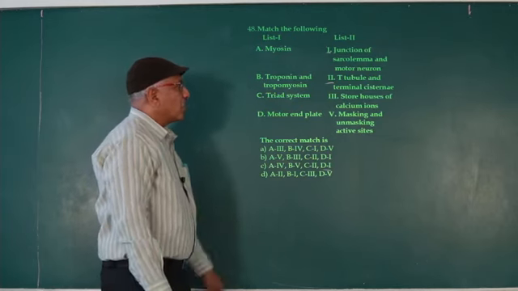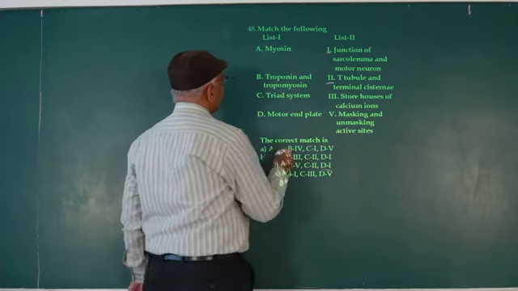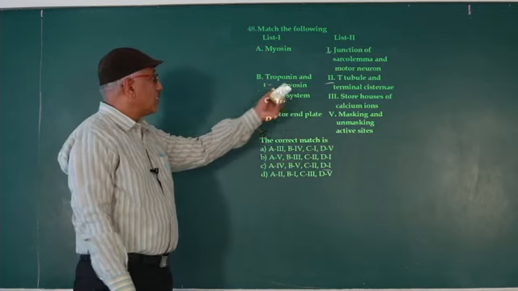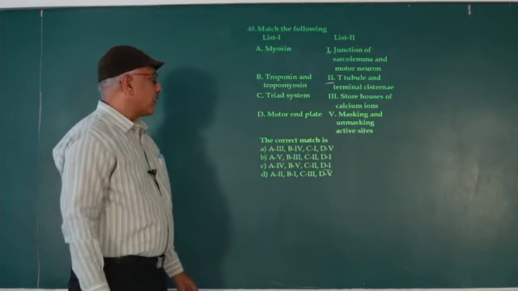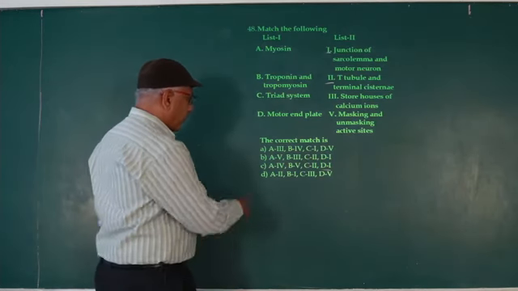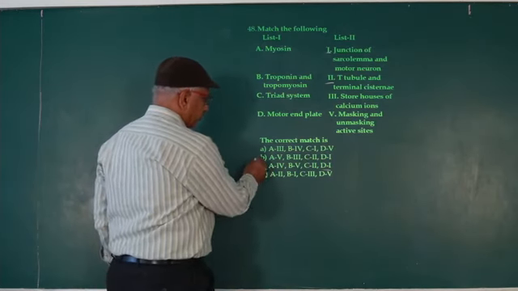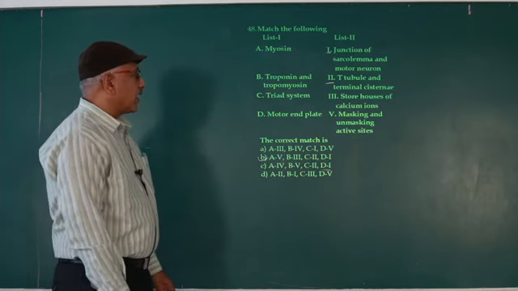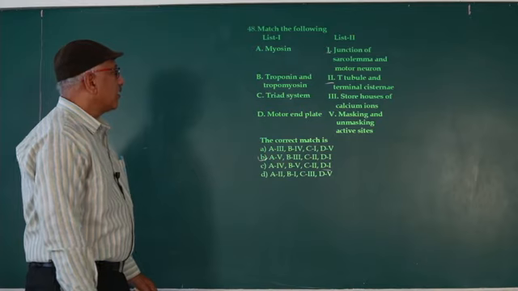That is the sarcoplasmic reticulum, or otherwise it is related to calcium ions. Troponin contains the TnC subunit, so in that case you may take B3.